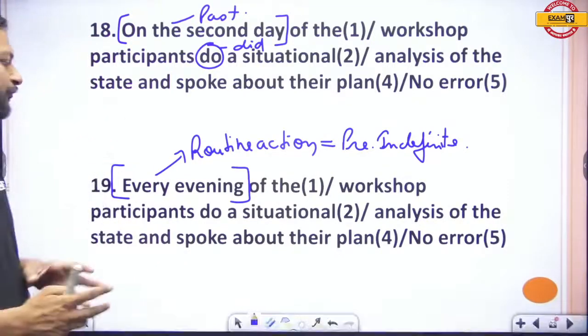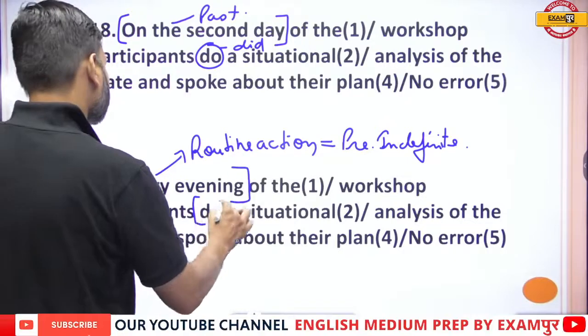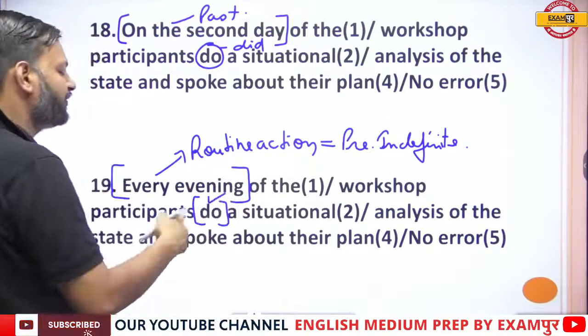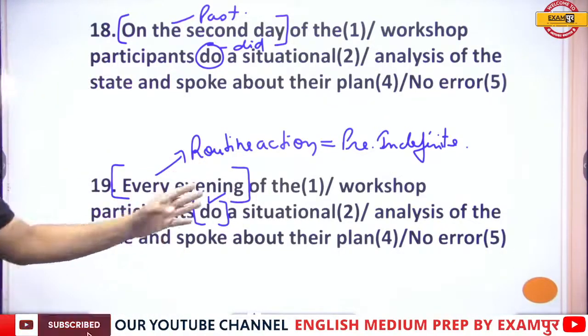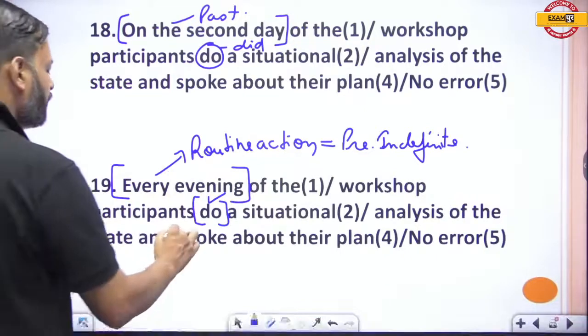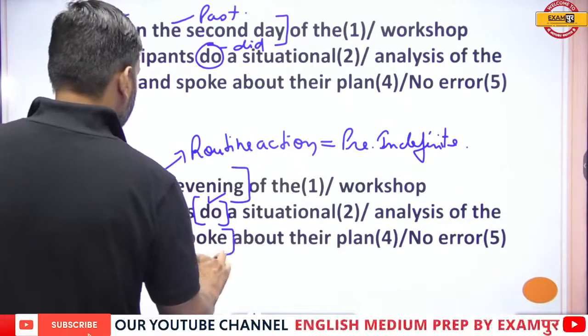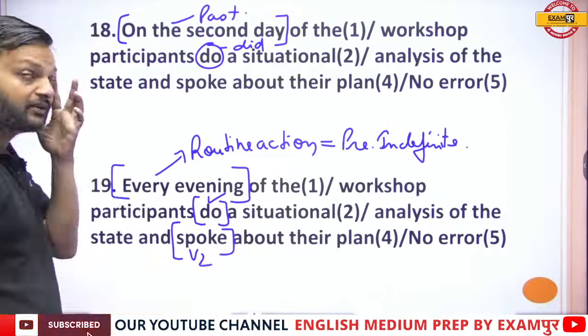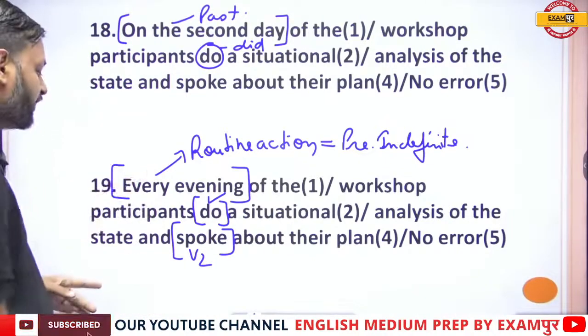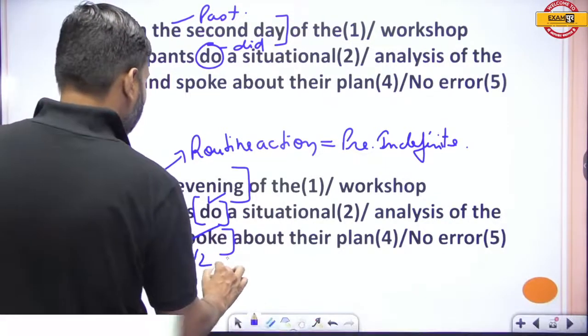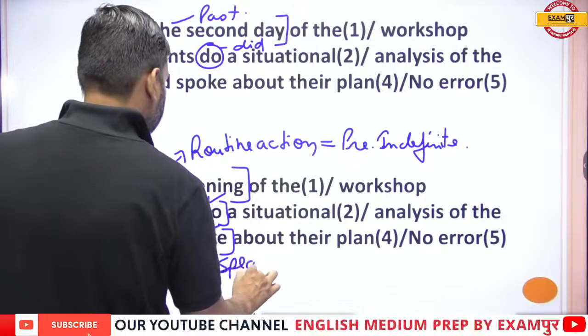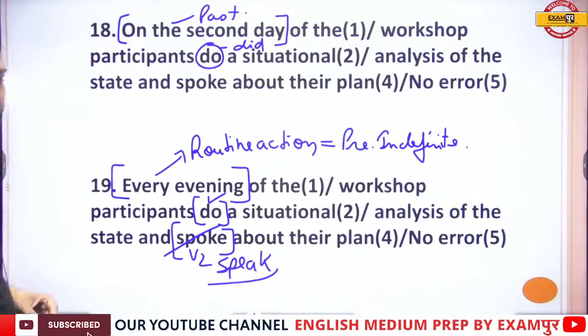So here we have do, which is first form present indefinite, it is correct. But when we read the sentence further, do a situational analysis of the state and spoke, so this is second form. And for present indefinite tense, we have to use first form, not the second form. So here spoke is wrong. In place of spoke, you have to write speak.